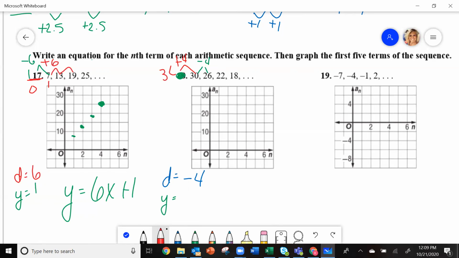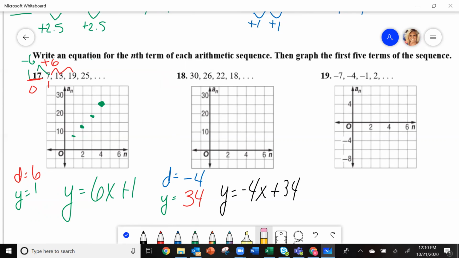So it would be 34 because 34, then down to 30, then 26. But this 34, when I went back one, that is actually my y-intercept. So my equation will be y equals negative 4x plus 34. We will practice a little bit more with this when we're writing the equations. This is just one way we can do it.